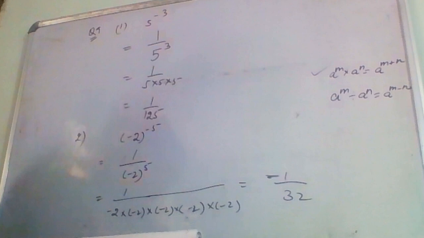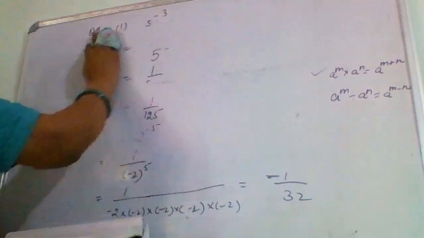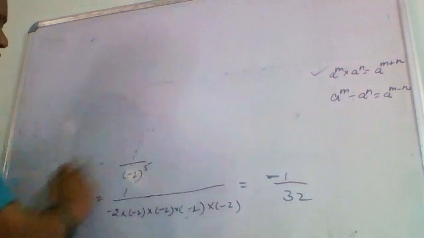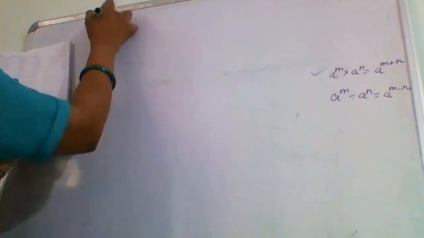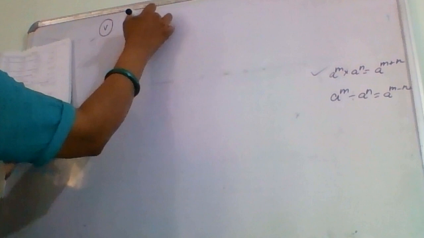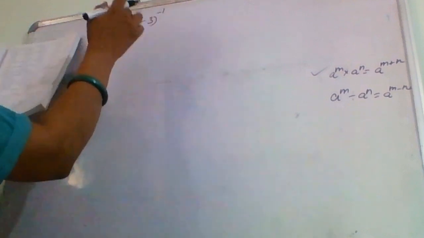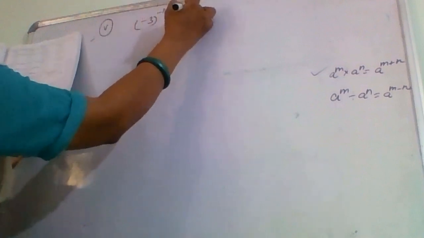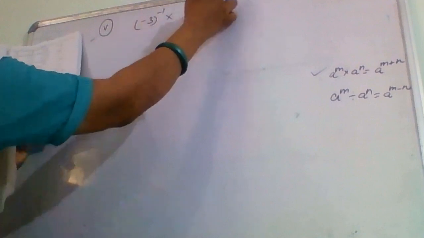One more question I can go through from question number 9. Question number 9, fifth part. Minus 3 raised to power minus 1 into 1 by 3 raised to power minus 1.